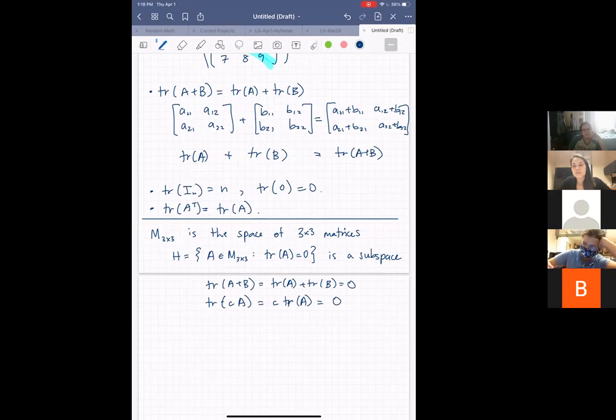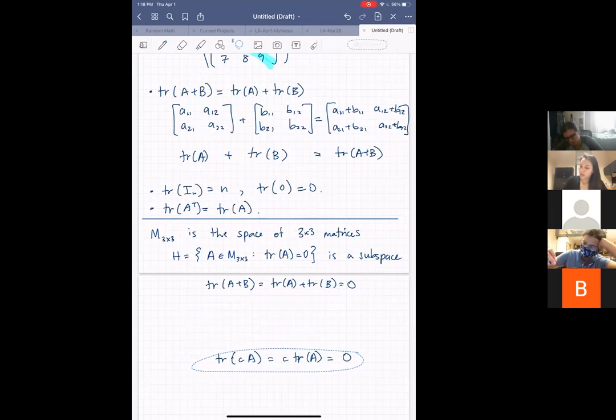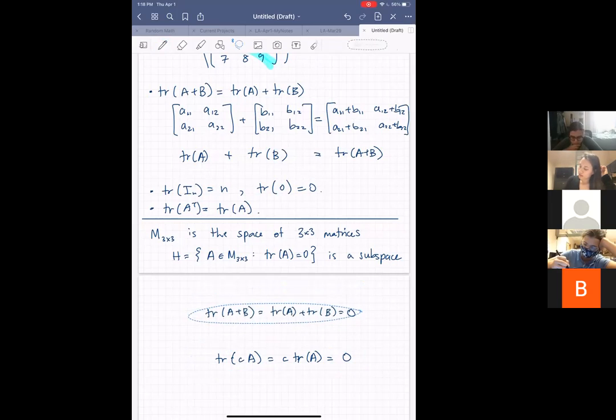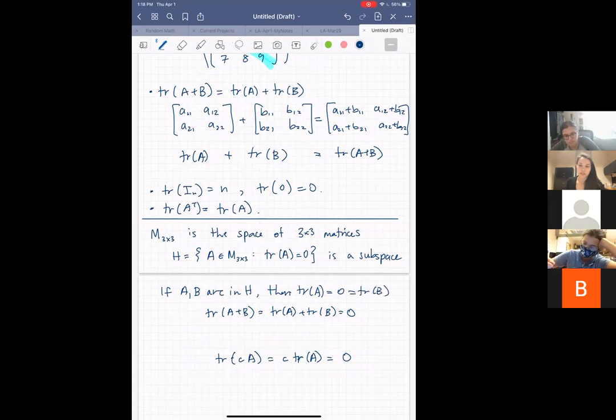Can you walk through again what the first line, trace of A plus B equals trace of A plus trace of B equals 0, specifically proves? Oh, let's go through here. I'll put more words in. So if A and B are in H, then the trace of A equals 0, and so does the trace of B, because that's just the definition of that set.